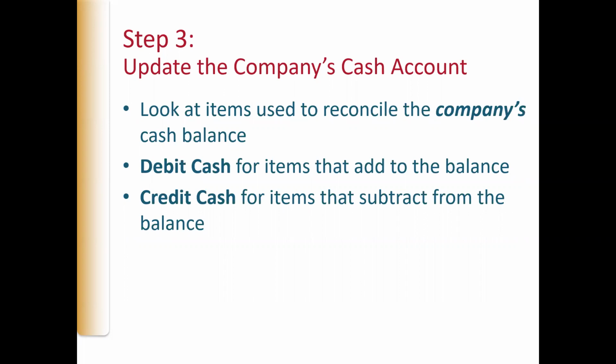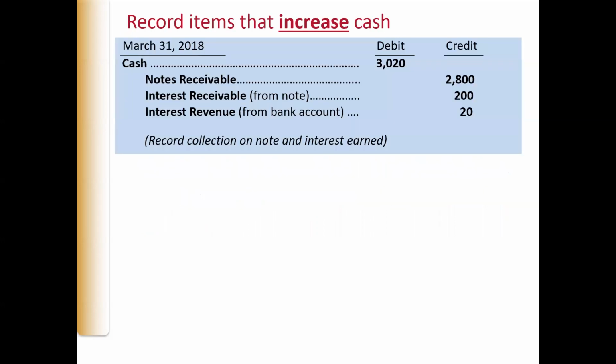Updating the company's cash account, you look at items used to reconcile the company's cash balance. You debit cash for items that add to the balance, and you credit cash for items that subtract from the balance. So when we adjust items on the company side, we're going to need to create a journal entry for those.